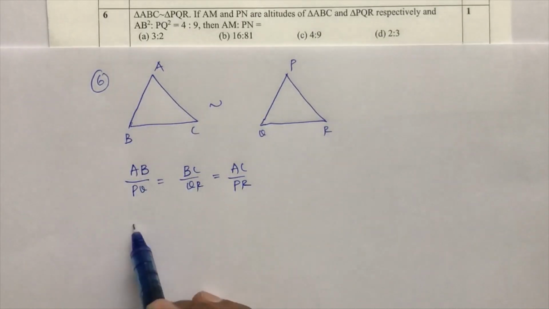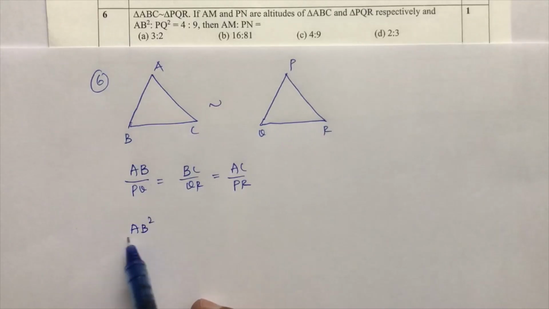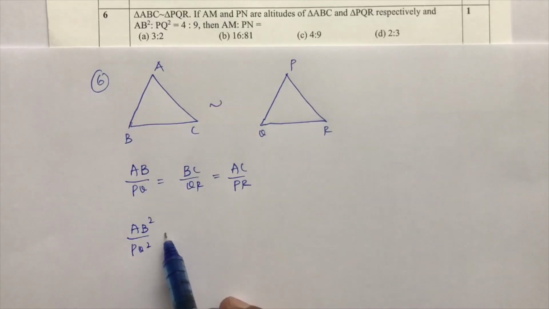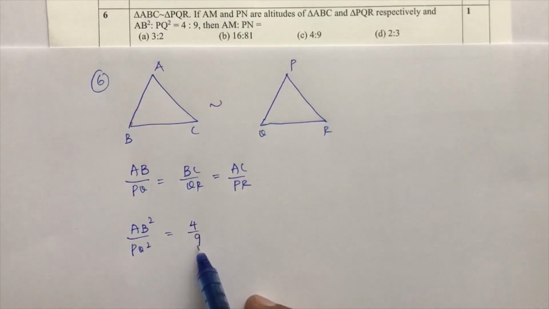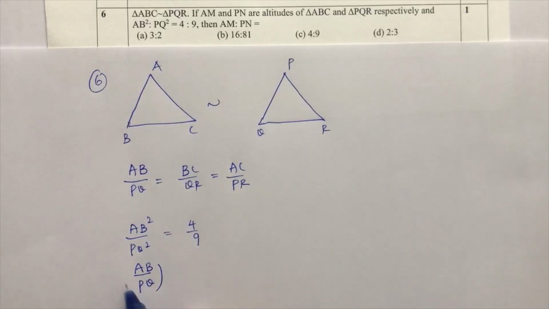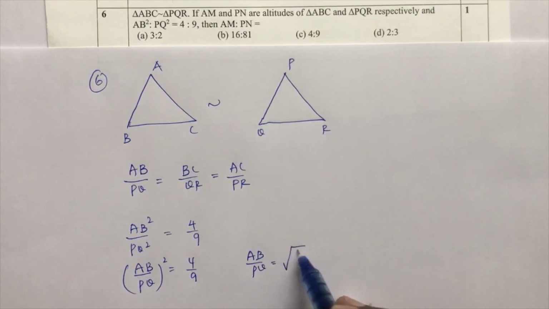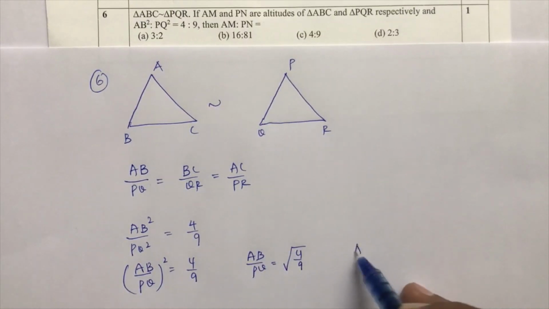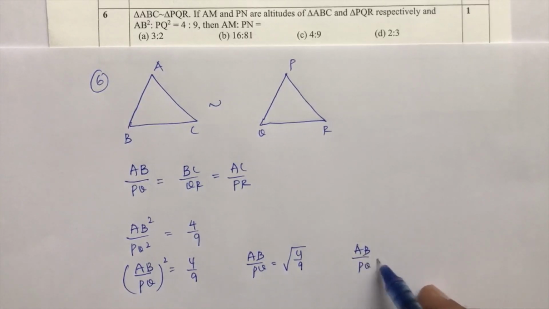See, they gave AB square by PQ square is 4 by 9. So you can write AB by PQ whole square is 4 by 9. You can further simplify: AB by PQ is root 4 by 9, and AB by PQ is 2 by 3.